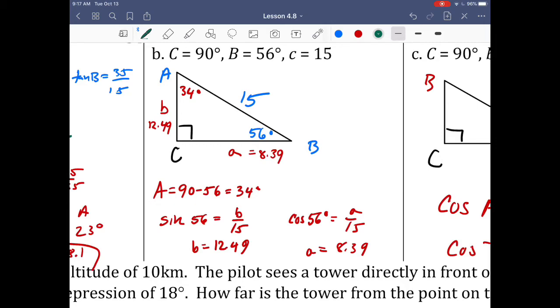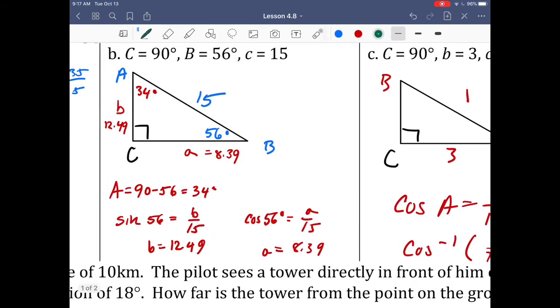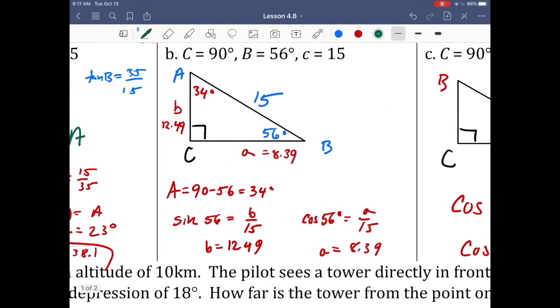I chose to use the blue information, the given information, to find everything that I needed to find. So I used the sine to find little b, because you're always asking the question, what do you know and what do you want? In this particular case, I wanted little b, and I knew little c, and I knew big B. So the only way I could do that was with sine, and that would be the opposite over the hypotenuse, of course.